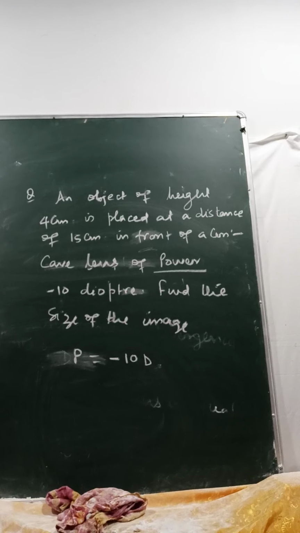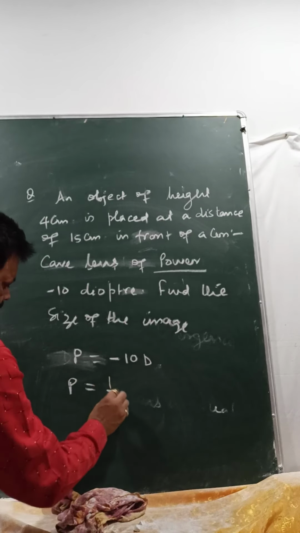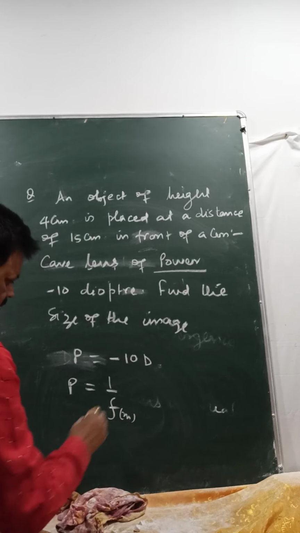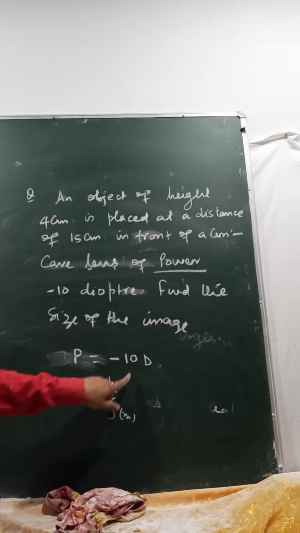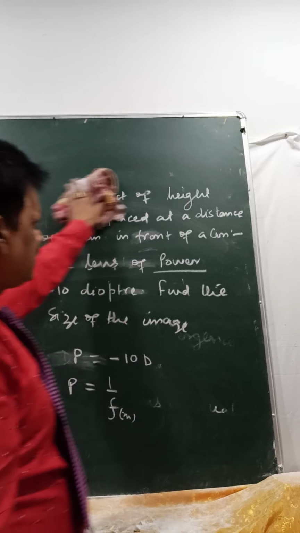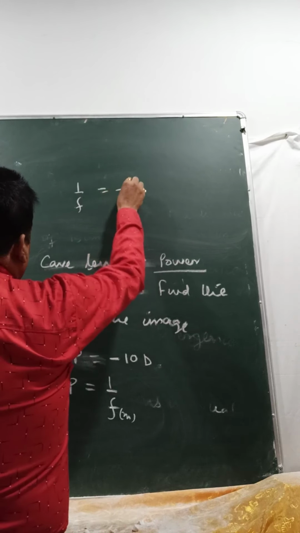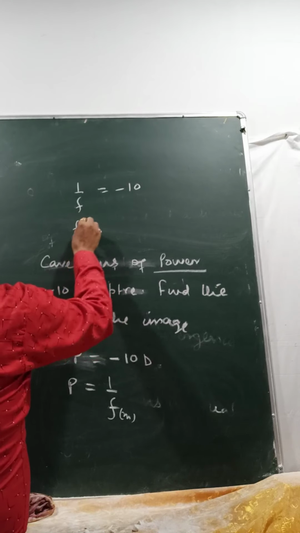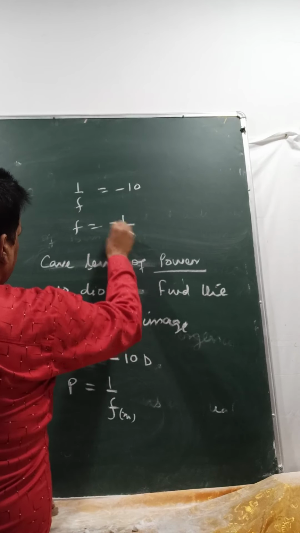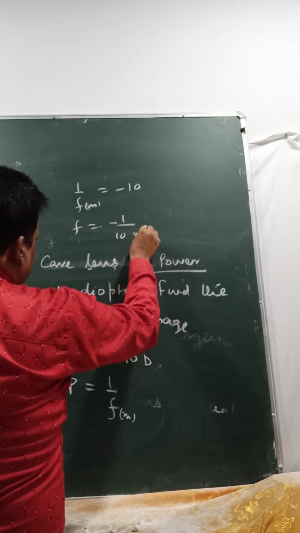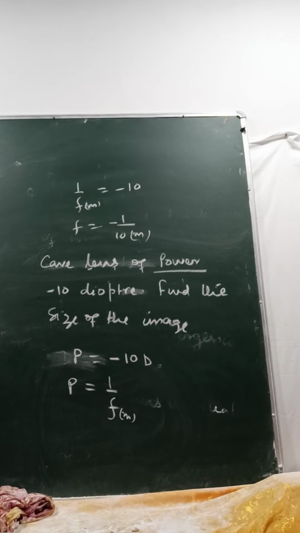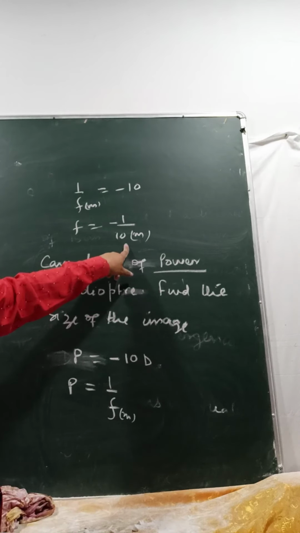So what shall I write? Power is 1 by f, with f in meter. So 1 by f equals minus 10, so f equals minus 1 by 10, but this is in meter. You have to convert this meter to centimeter.